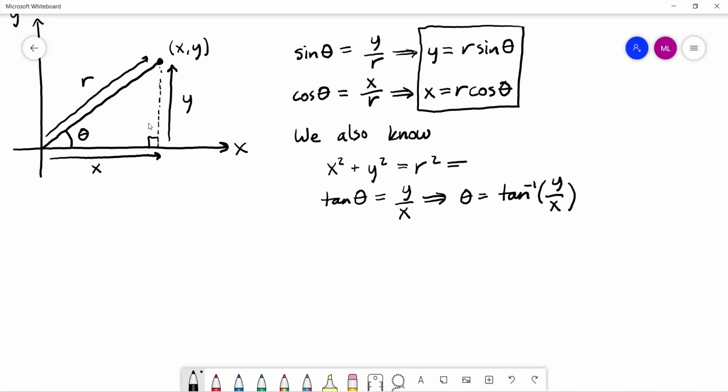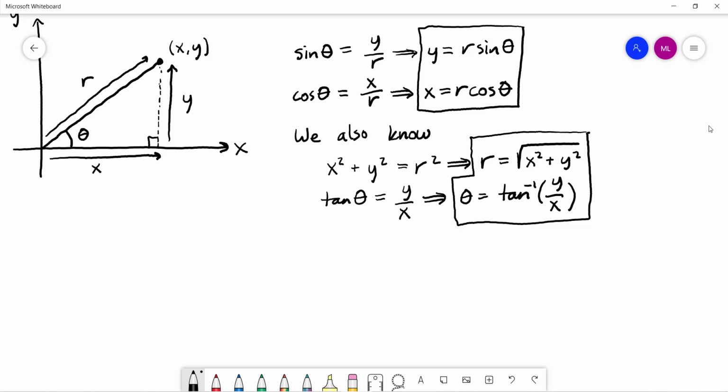And similarly with this one, if I want to solve for r, r is the square root of x squared plus y squared. And technically there's a plus or minus sign here. More often than not, we will by convention pick the positive, but there may occasionally be a reason that you want to use a negative value of r. But these give us what our polar coordinates r and theta are in terms of x and y.